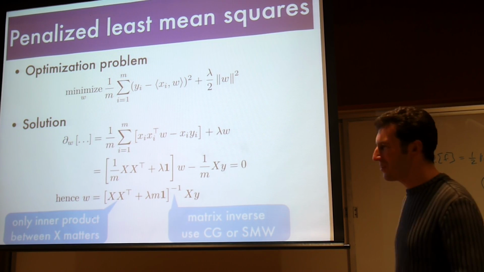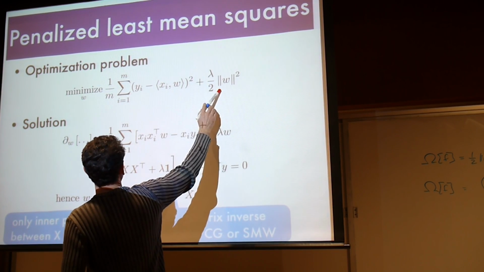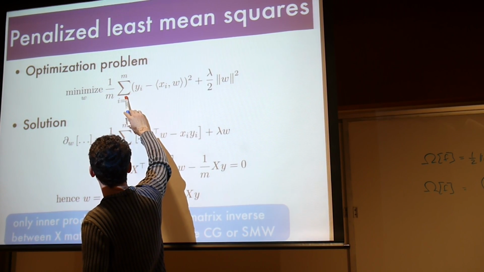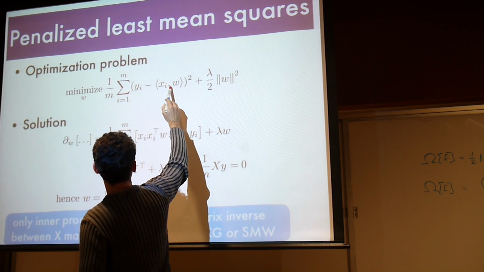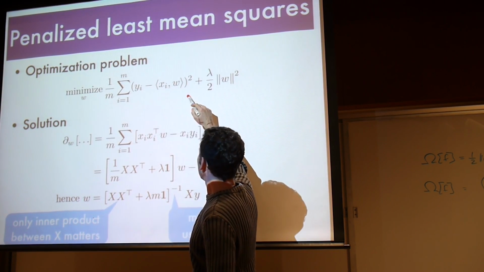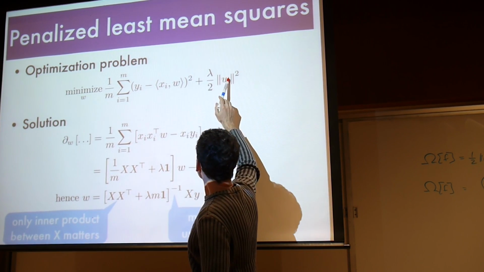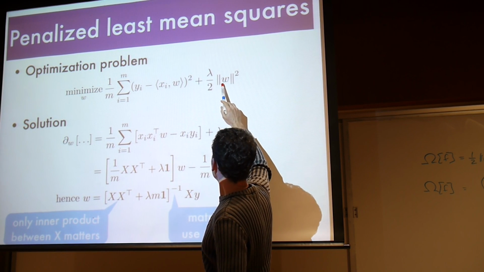Let's just do something very simple here. Take a least mean squares problem. So we have y_i minus x_i dot w, squared, and actually it should be 1/2 up here, plus lambda over 2 norm of w squared.